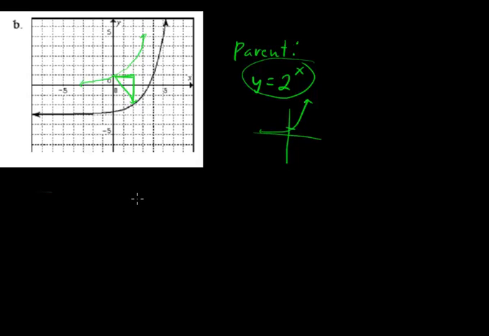So to shift it right by 2 units, wherever x is, we subtract 2. To move it to the left, we add 2. To move to the right, we subtract 2.